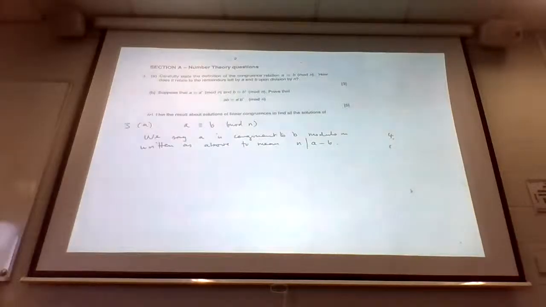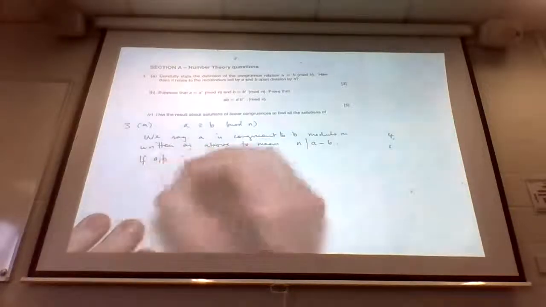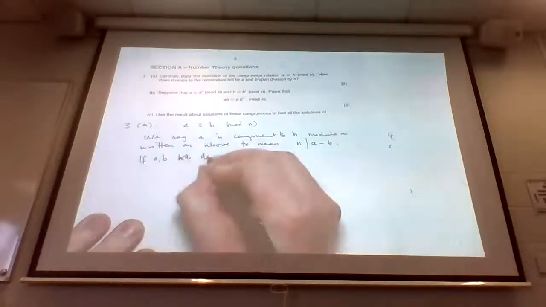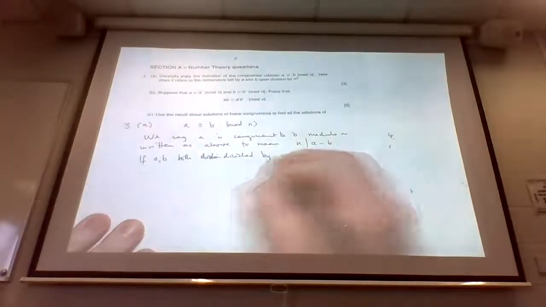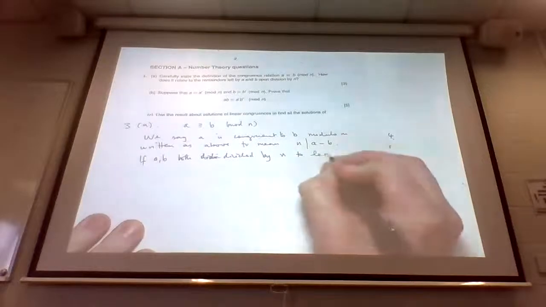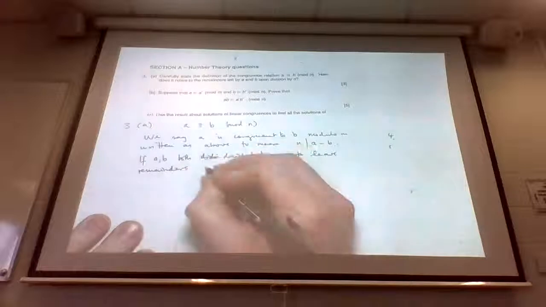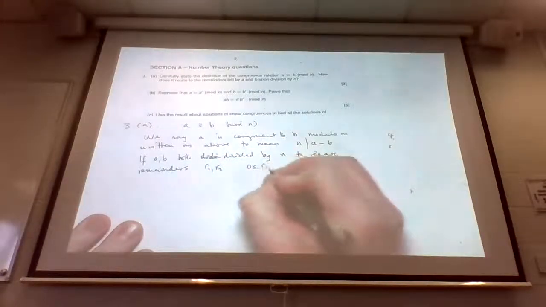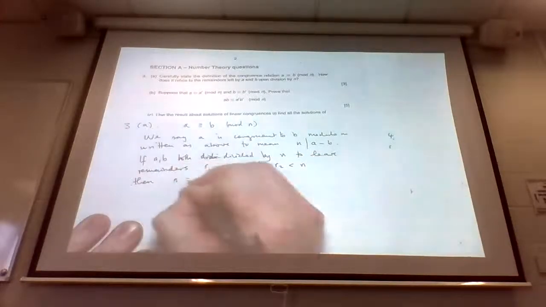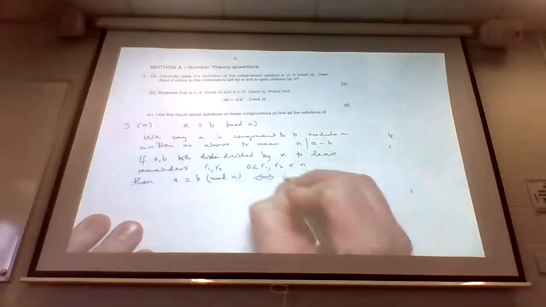And if a and b are both divided by n to leave remainders r1 and r2, where 0 is less than or equal to r1 and r2, and they're both strictly less than n, then a congruent to b mod n is equivalent to r1 being equal to r2.